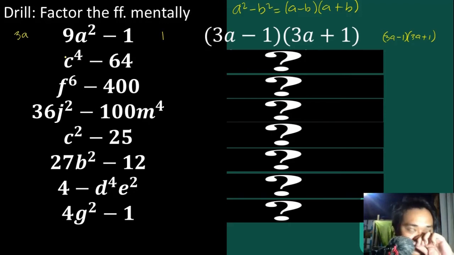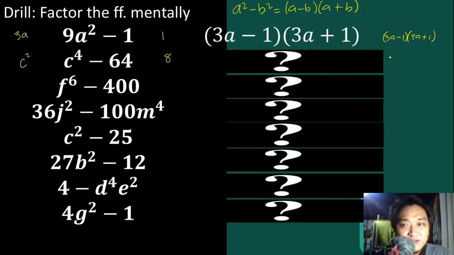So what will be the square root of c to the 4th? Square root of c to the 4th is c squared. At yung square root ni 64, of course, that is 8 kasi perfect square number siya, no? Kung maalala nyo, 64 is equivalent to 8 times 8. So, the square root of 64 is 8.